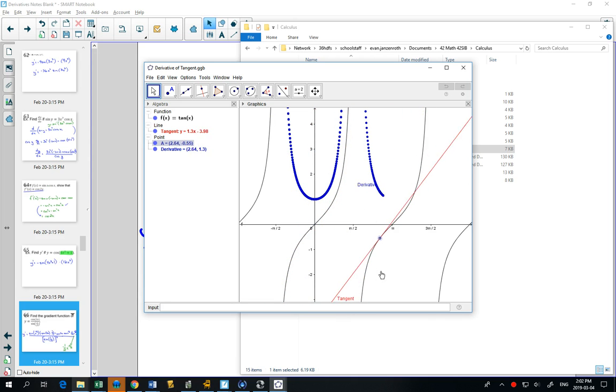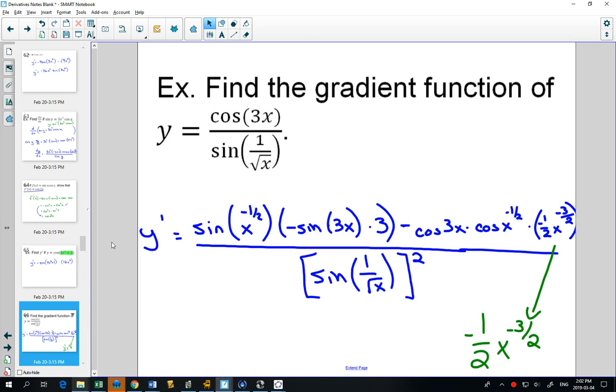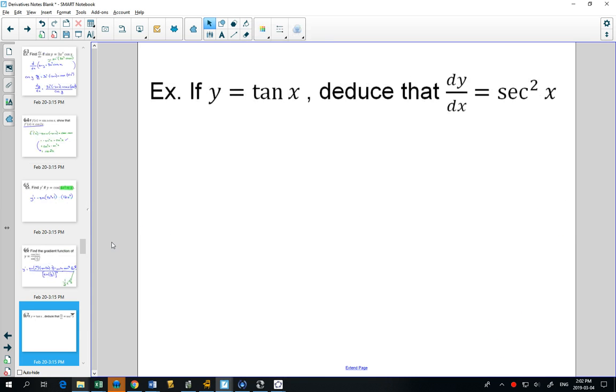And then all of a sudden you'll hop over to this one, but the tangent's still always positive. So we get a graph that looks like a bunch of parabolas. That graph in reality is your secant graph squared.